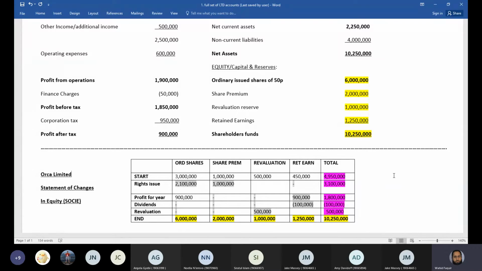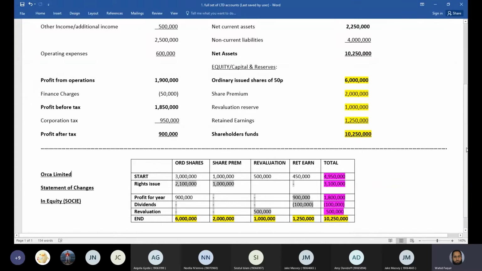You're just ensuring that these figures do tally. Add across, yellow, add down, pink. Does it give you 10.25 million? Thank you, Patrick. Good. Okay, that's sufficient time to do that then.